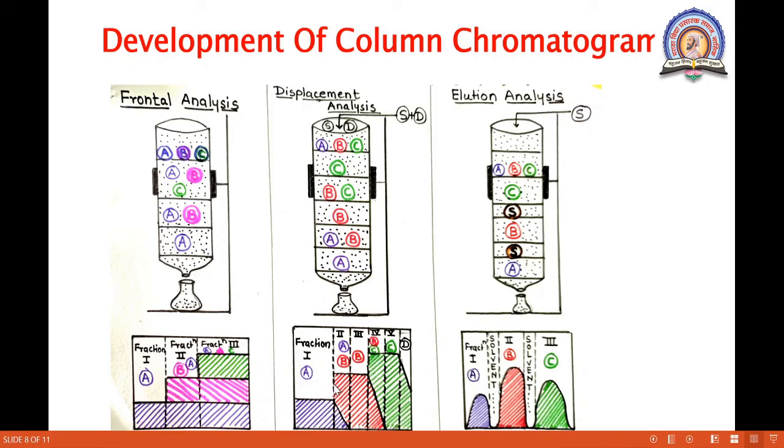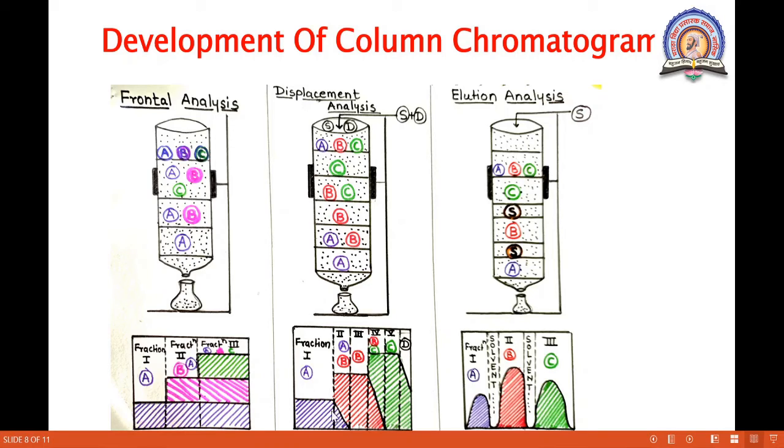Then in the second, displacement analysis, in the first fraction we get compound A. In the third fraction we get compound B, and in the last we get compound C. But along with that we get a mixture of the components. At the last, this component C is displaced by the displacement agent, so we never get the component C pure.